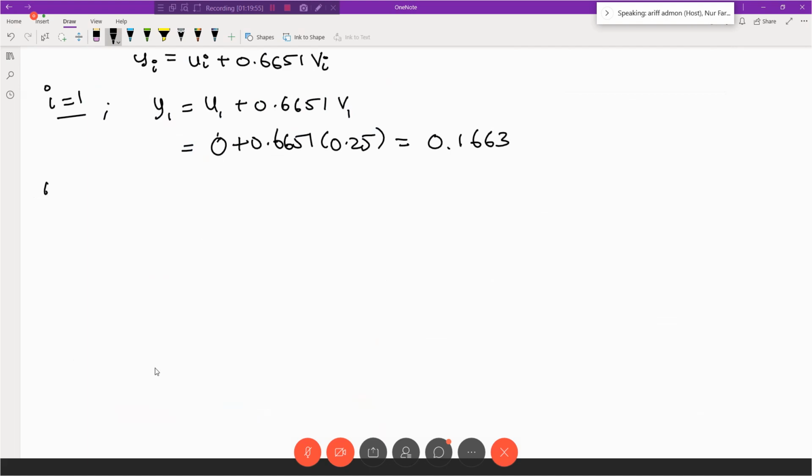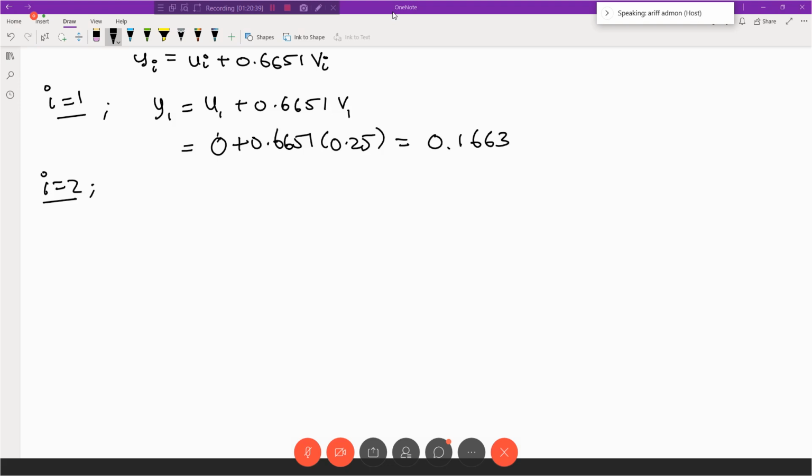Okay, i equal to 2. So you continue for i2 and i3.